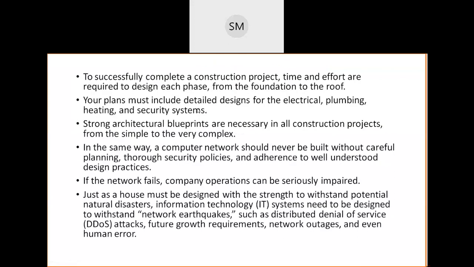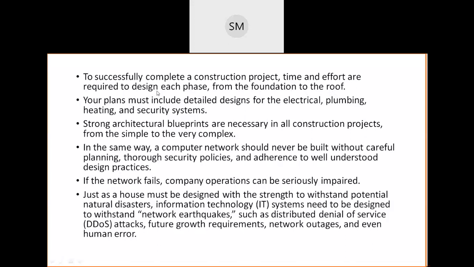To successfully complete your construction project, time and effort are required. Of course, it takes its sweet time, and effort is also required to design each phase of your house. Each phase means: first we complete the foundation, then construct the walls, then put in the windows and doors, then the roof.